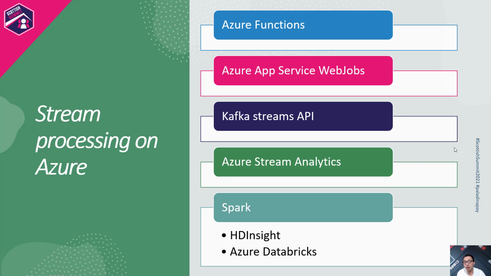Next is the Azure recommended tool for a lot of event sourcing and IoT solutions, Azure Stream Analytics. I tell you upfront, we ended up using Azure Stream Analytics. But there are a lot of considerations on this, which I'll come to in more detail in the next few slides.